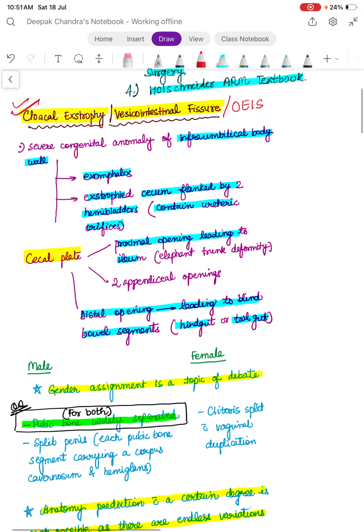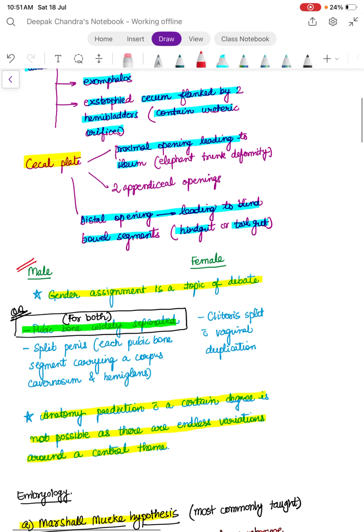Now the next important thing, how it will appear in male or female. Gender assignment is a topic of debate, and it is very tough to assign a gender at the stage when we are clinically assessing the neonate.